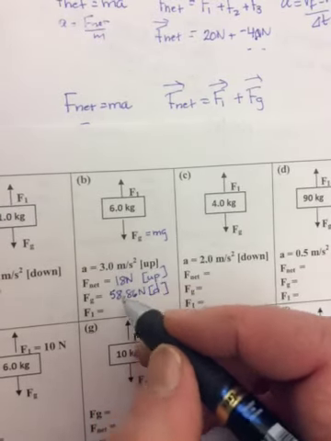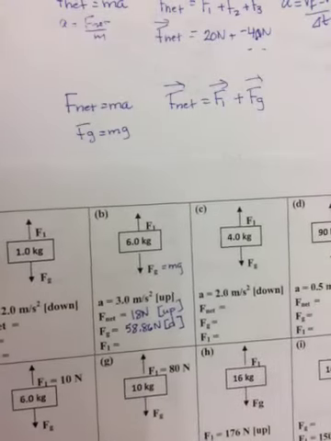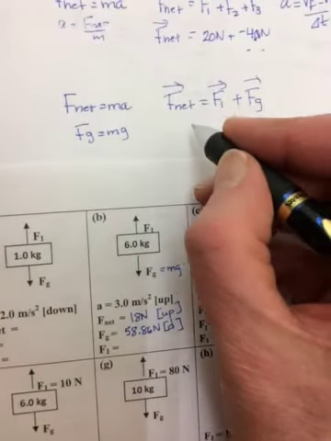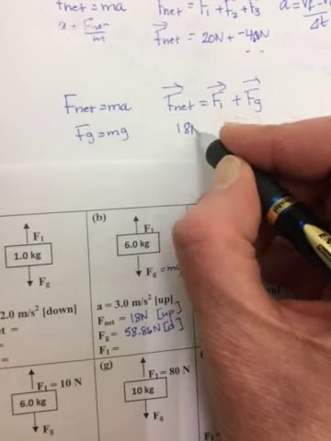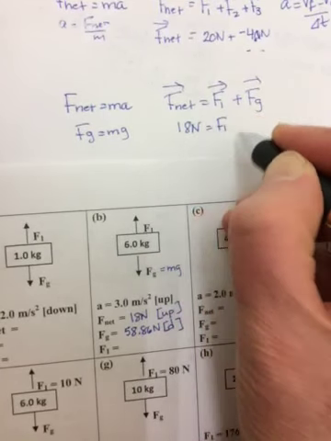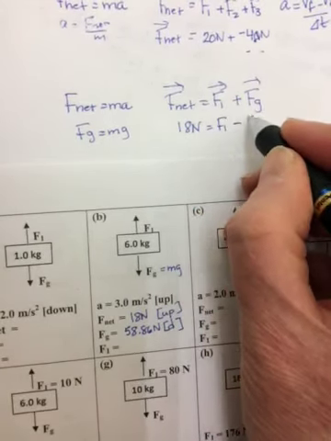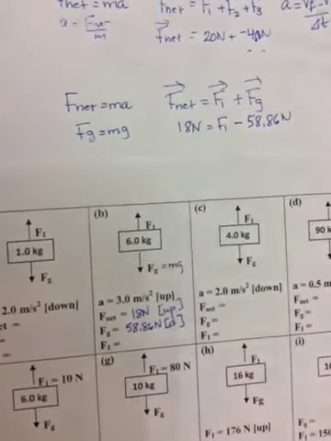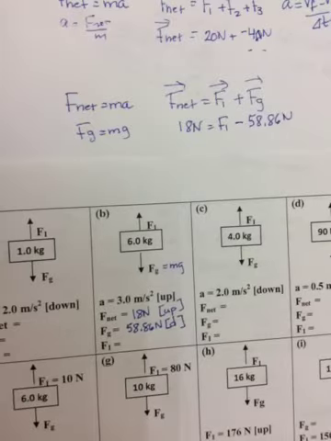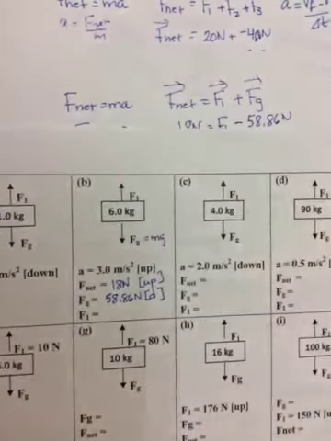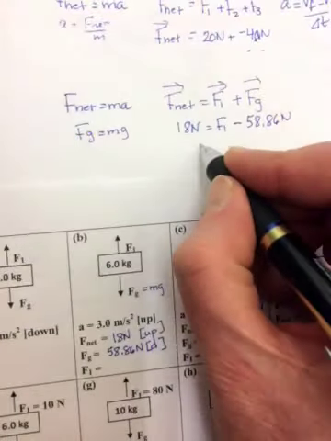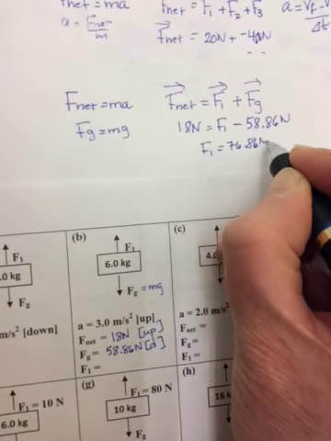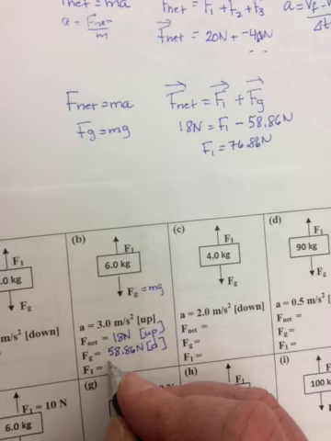So now that I have my Fnet and my Fg, I can find my F1, right? So Fnet is going up, positive 18 newtons. F1 we don't know, and Fg is going down, negative 58.86 newtons. Add the 58.86 to both sides, and you will get an F1 equal to 76.86 newtons, and that will go in here.